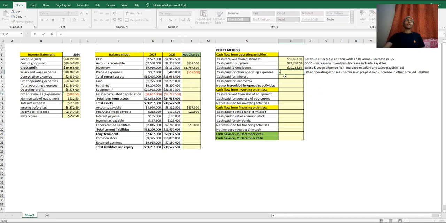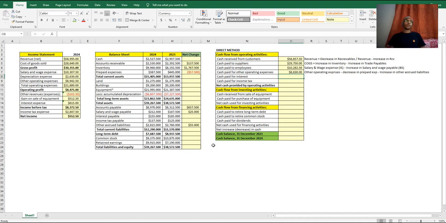So now we calculate the entire thing. Other operating expenses, we use plus sign here because this is a negative number already. This has decreased, so if we use plus, this will be subtracted. Minus increase in other accrued liabilities. So this is the number that is coming, 8830.